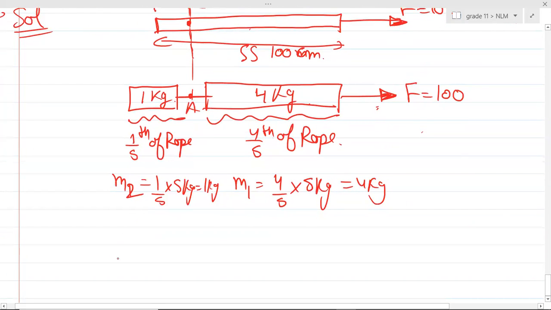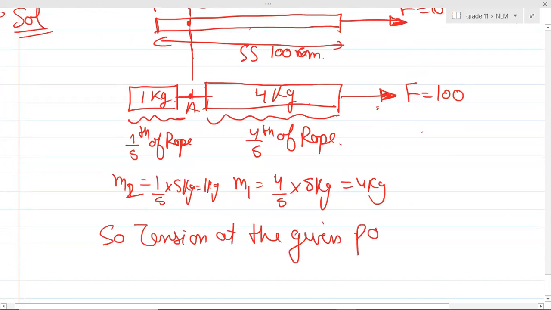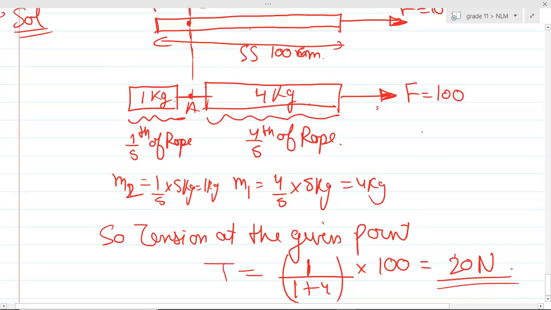So the tension at point A at the given point will be equal to 1 divided by 5, 1 divided by 1 plus 4, multiplied by 100. So it will be 100 divided by 5, or basically your answer will be 20 Newton, right? Is this clear, guys? Yes, sir. Understood? You know how to convert this to this, applying the concept which we have learned. So this is your application.